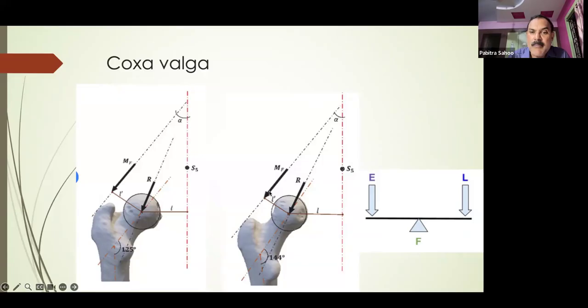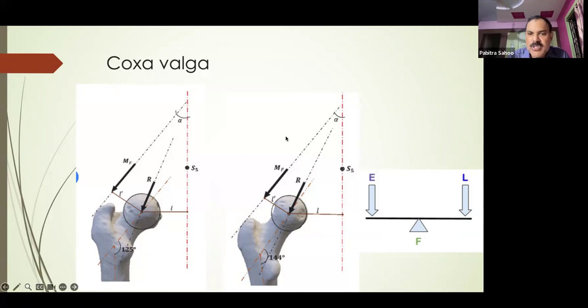So the patient will have tremendous load over the hip joint, giving rise to early onset osteoarthritis of the hip joint. There will be erosion of the cartilage. The patient will have pain around the hip joint, and there will be possibility of subluxation and dislocation of the hip as the hip goes more posteriorly and more upward by the action of the abductors.